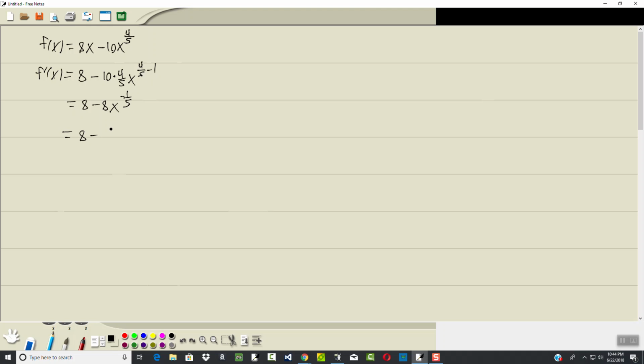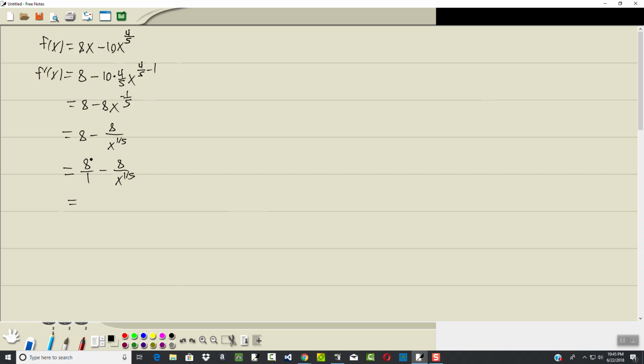So we got 8 minus 8 x to the negative 1/5. Now take the x to the negative 1/5 down to the denominator. It becomes x to the 1/5. Now I want to get a common denominator, so put 8 over 1 minus 8 over x to the 1/5.